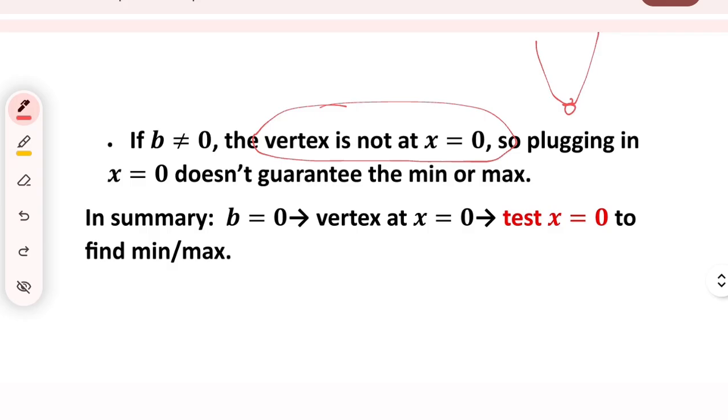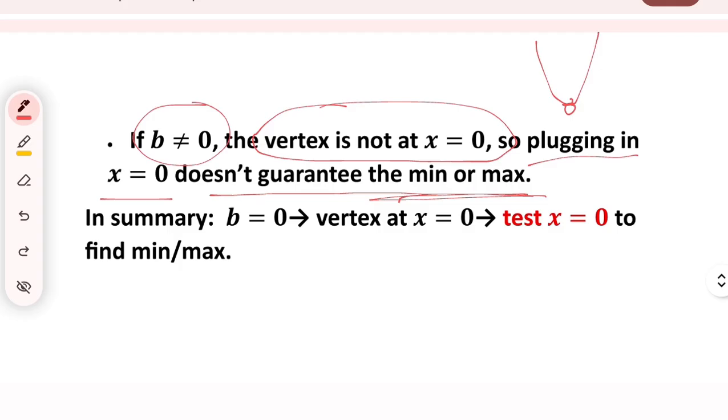Therefore, it doesn't guarantee a minimum or maximum. So plugging in x equal to 0 doesn't guarantee it. If you apply the shortcut, you still get a value, but that value may not be the minimum or the maximum, because b isn't 0.